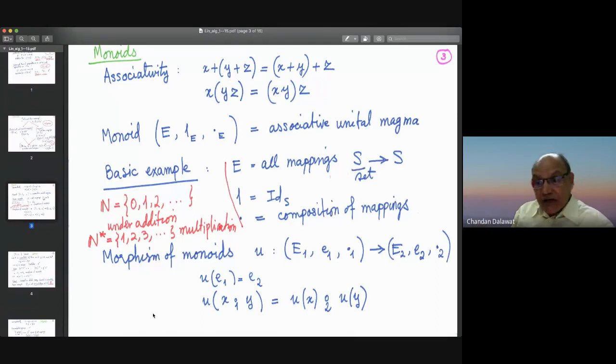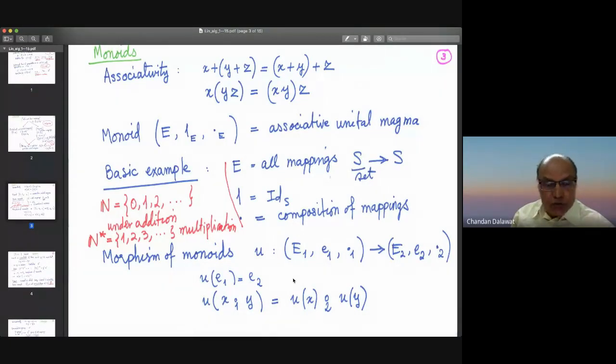There's this concept of a morphism of monoids. So this is a mapping U from E1 to E2. It should take the special element e1 of E1 to the special element e2 of E2. So that is written here.